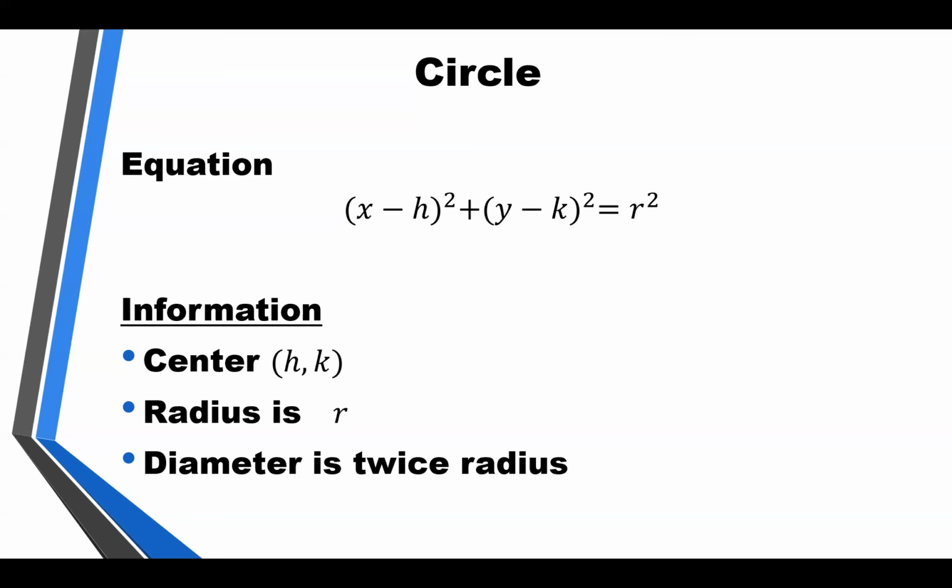And obviously the other key part about a circle is that the diameter is twice the radius.